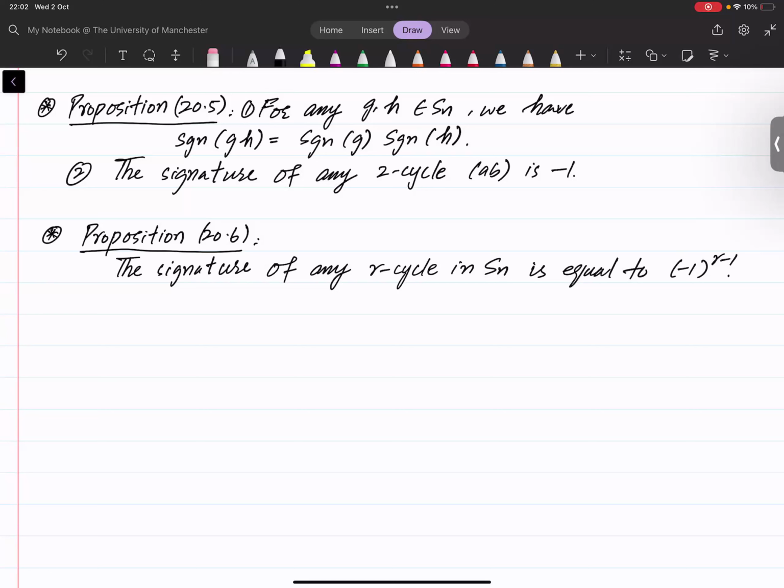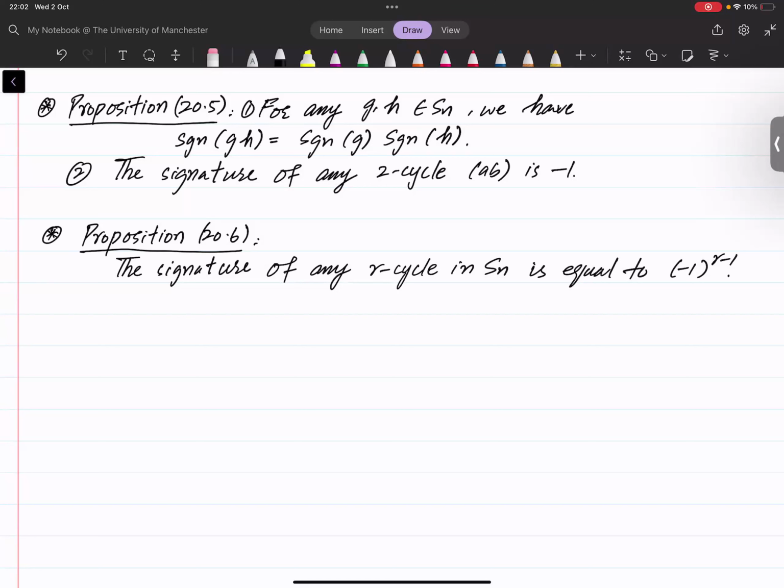This is a very nice result, because if you have an r-cycle, then you can prove that every r-cycle can be written as the product of disjoint two-cycles, and we have already done that.